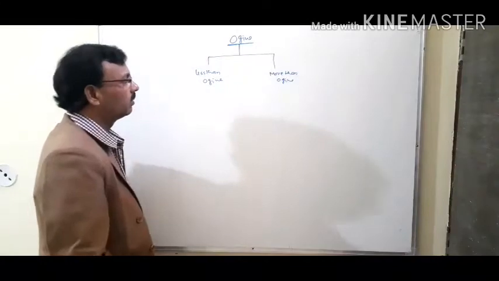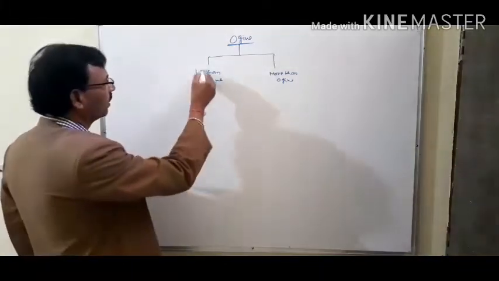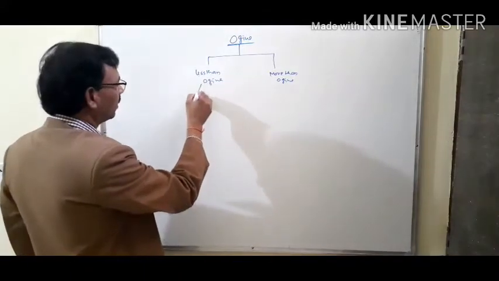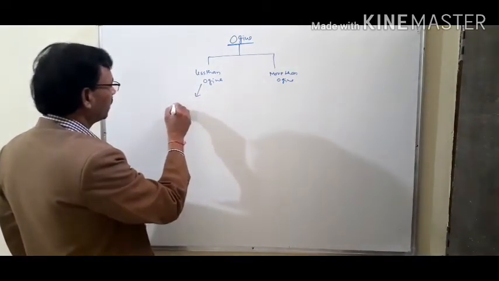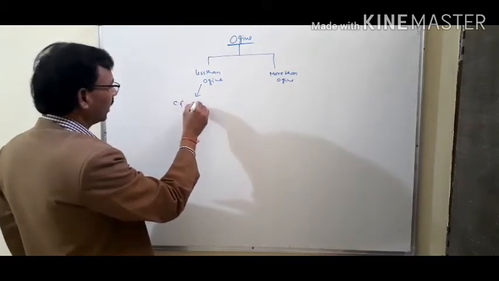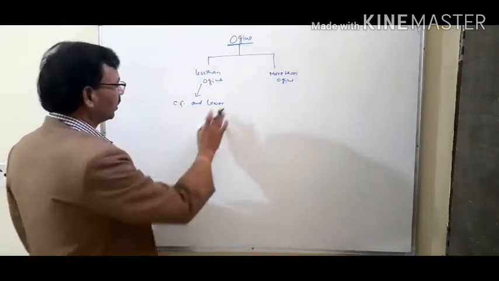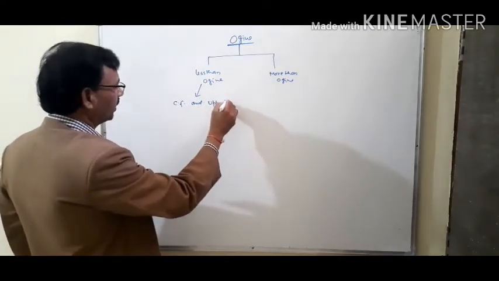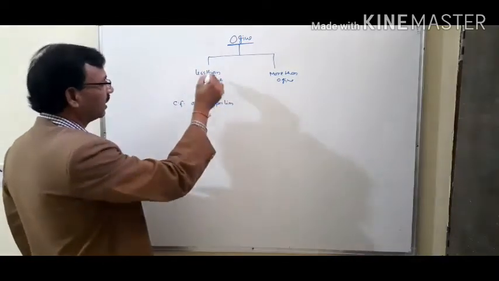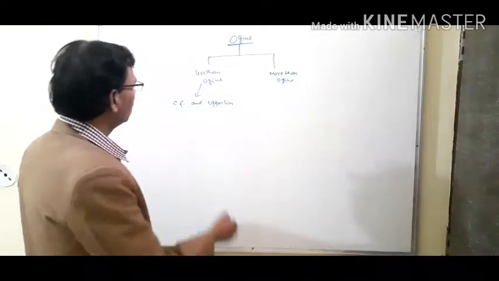Both ogives are found, like suppose the less than ogive is drawn with the help of cumulative frequency and upper limit. That means the less than ogive is drawn between cumulative frequency and upper limit.